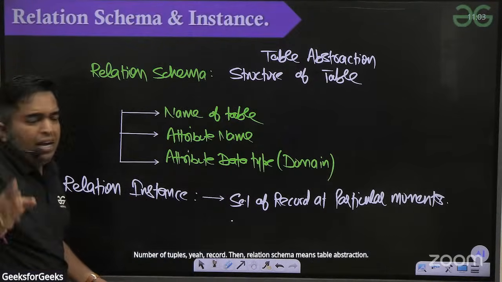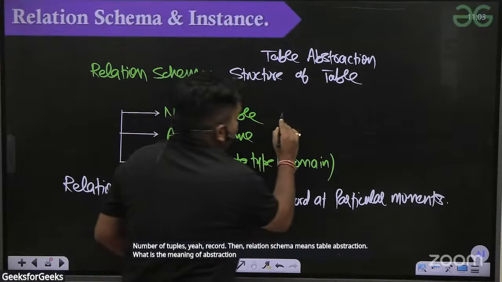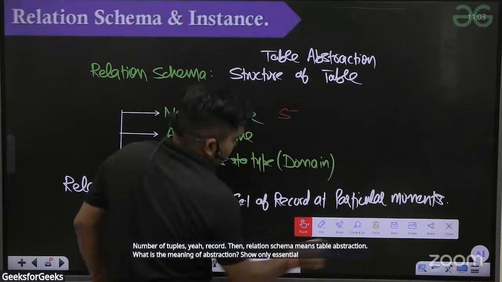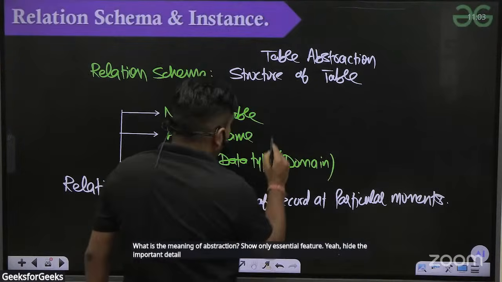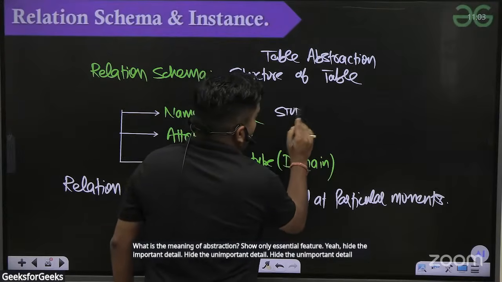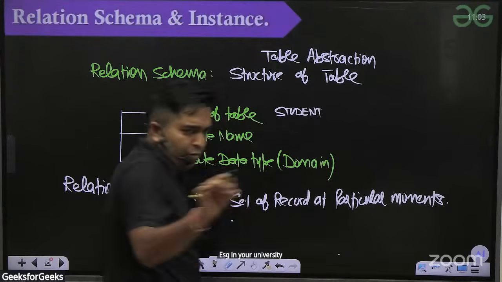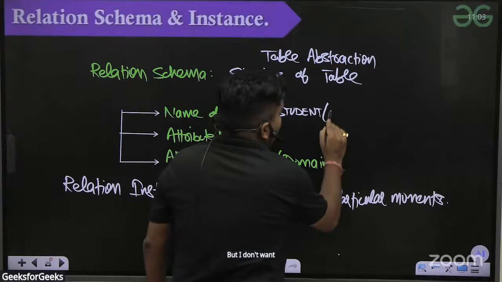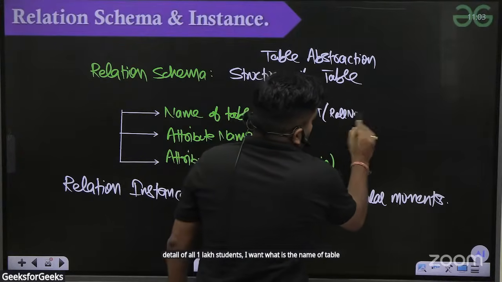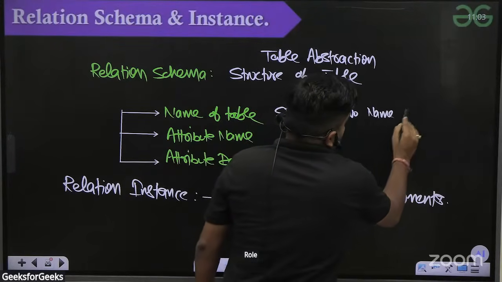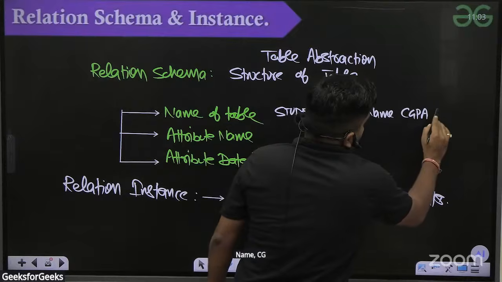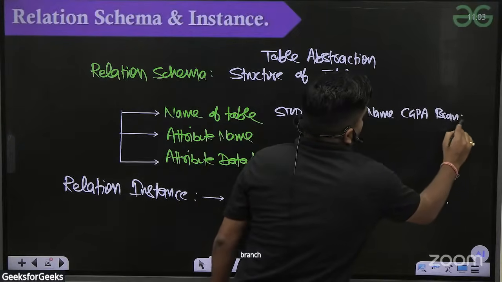For example, in your university there are 1 lakh students, but I don't want details of all 1 lakh students. I want the name of the table, and the roll number, name, CGPA, branch. I want only 4 things.